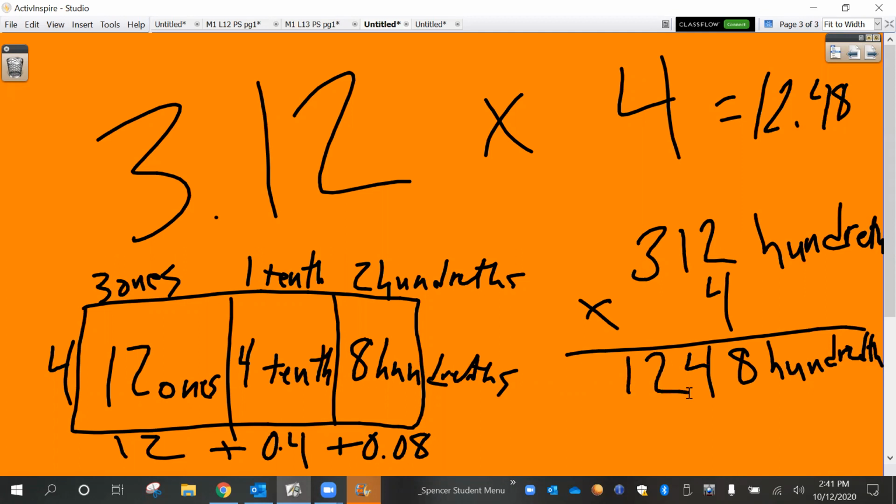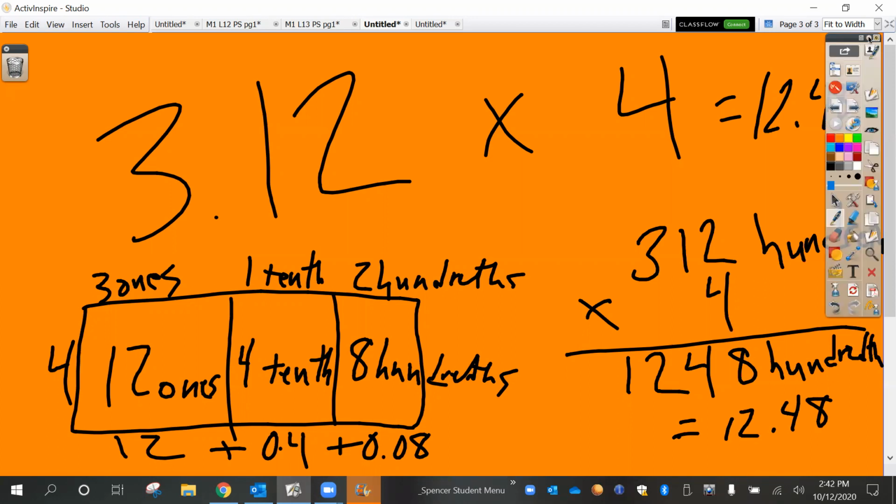So it's 1,248 hundredths. I know that hundredths have 2 places after the decimal, so it'll be 12 and 48. Yep, same answer, right? So let's do a couple more, both methods, and you can start figuring out which is your preferred style. So let me expand my toolbox so I can clear this.